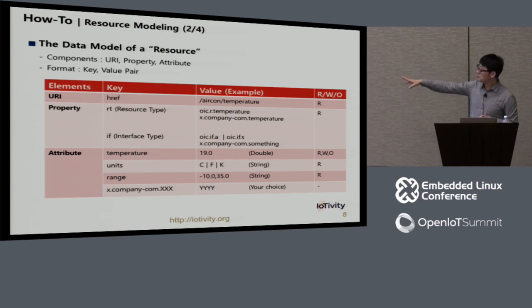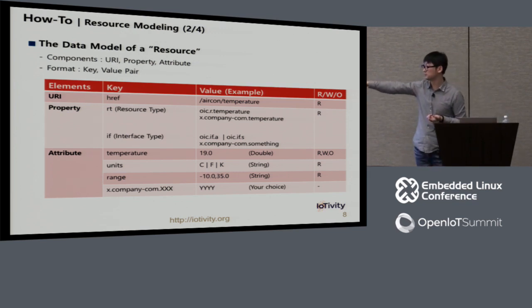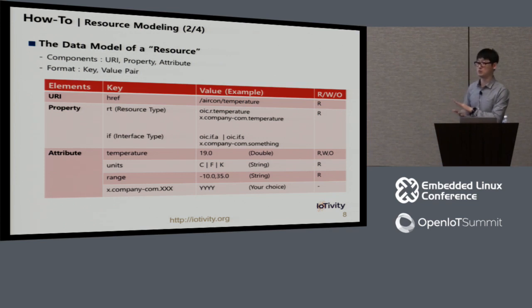Not only the properties, but also you could add your own attribute into this resource, but you have to follow the format for how to name your own vendor-specific attribute. For example, x.company.com.xxx.